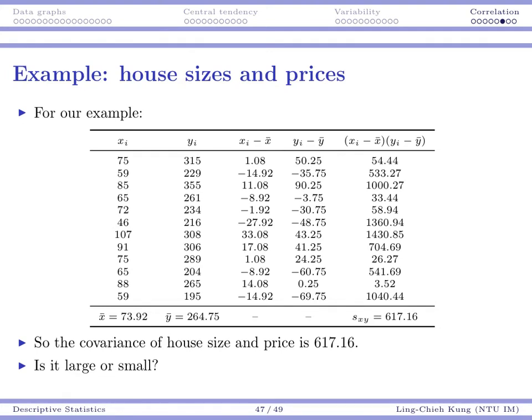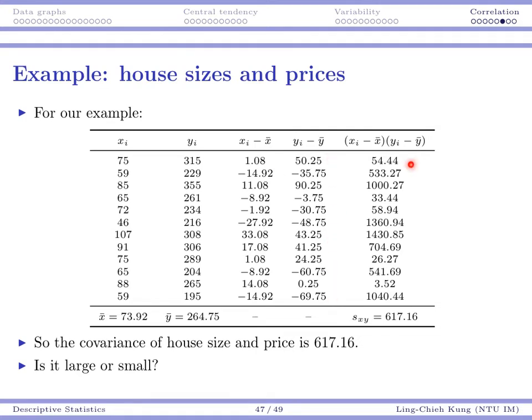So let's work on it with our example. I have all these 12 numbers, right? So I can calculate for each number the deviation in the first dimension, xi minus x bar. X bar is the average of the x variable. So for each x I can get this. For each y I can do the same thing.